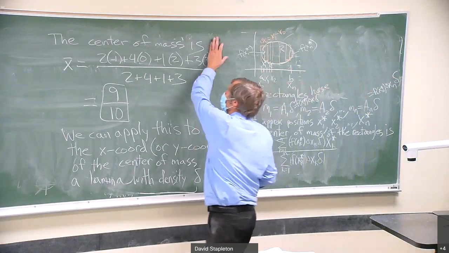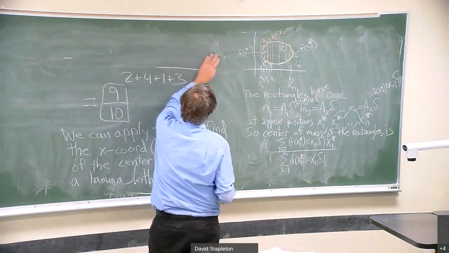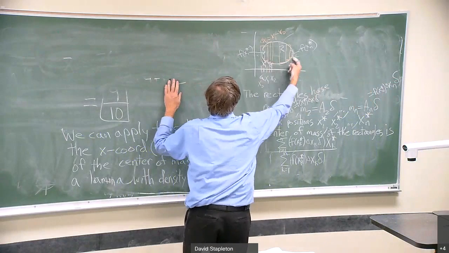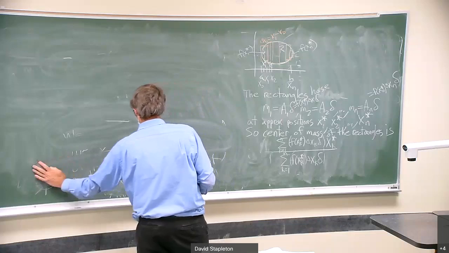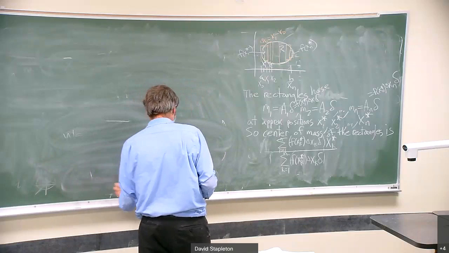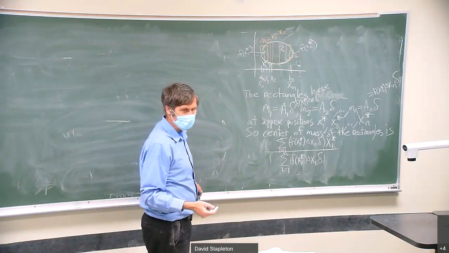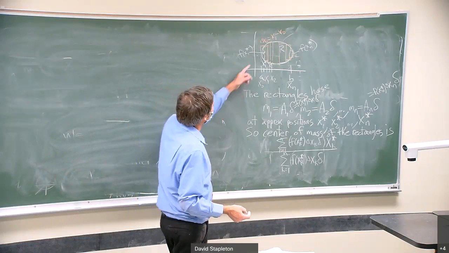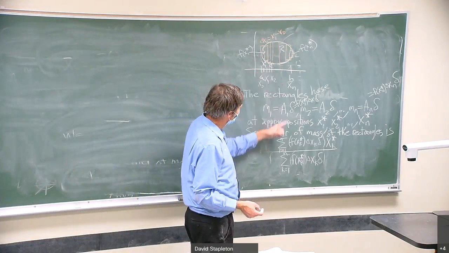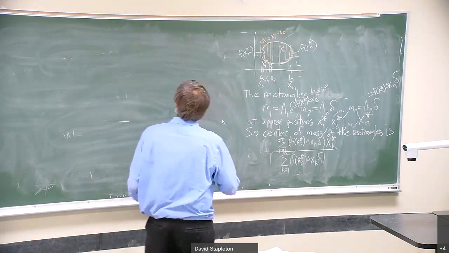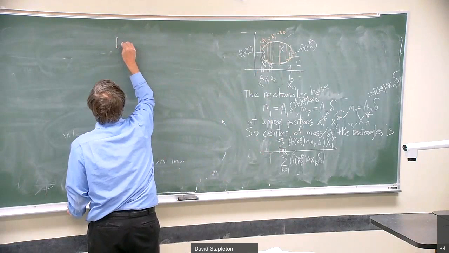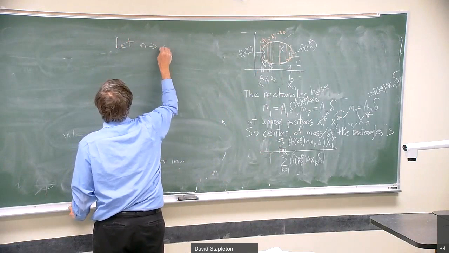Now what happens if we want the balancing point of this curved lamina? How should we find that? I bet you can guess. In the limit as the number of rectangles goes to infinity, if this f of x is continuous, this limit will reach the same number, by letting n go to infinity.